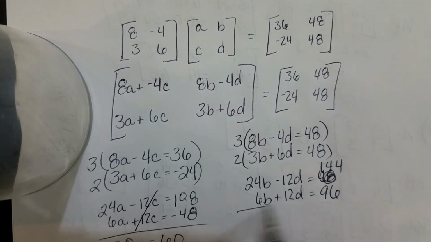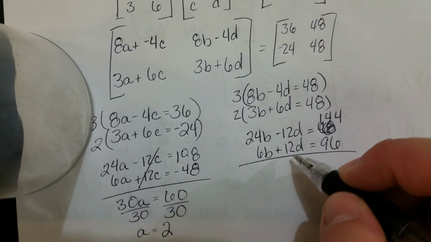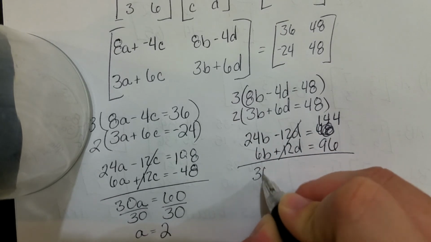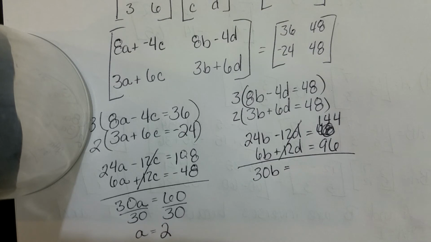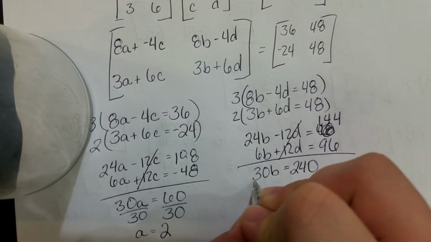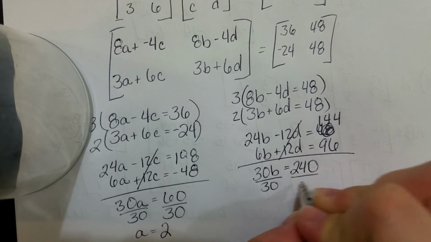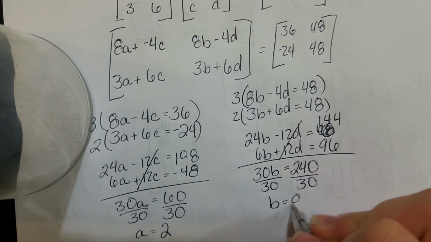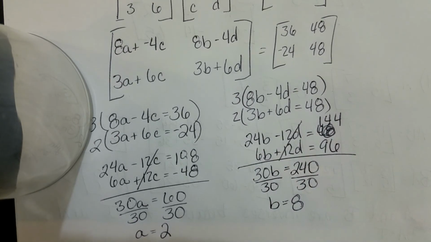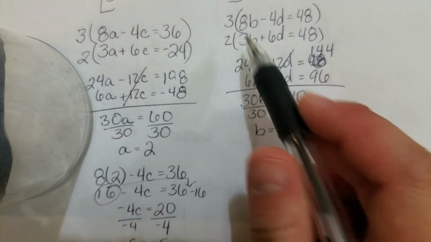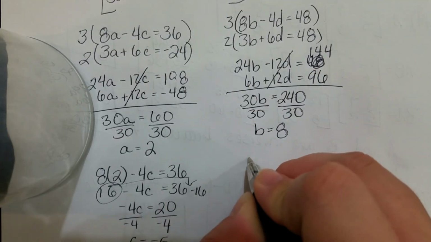Okay. So I'm ready to add them together. These cancel. 24 plus 6 is 30. 96 plus 144 is going to be 240. Divide by 30 on both sides. What is that? 8. All right, once I know B, I can go ahead and just plug that in.